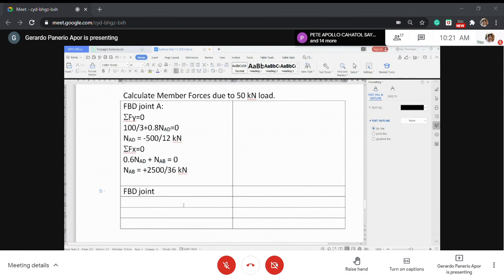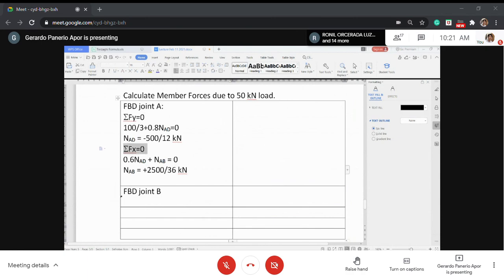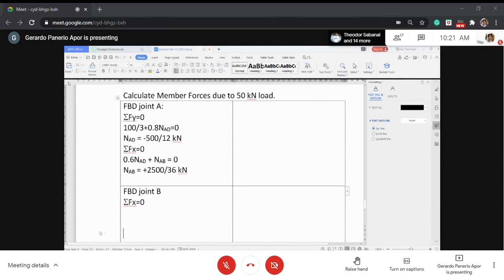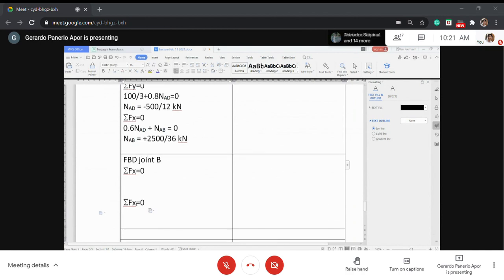Joint B is simpler. Summation of forces X equals to 0. We have minus N_EB plus N_BC is equal to 0.